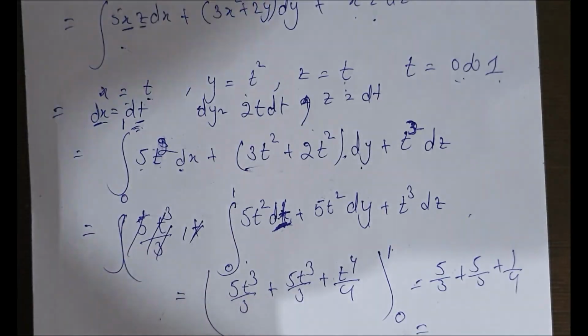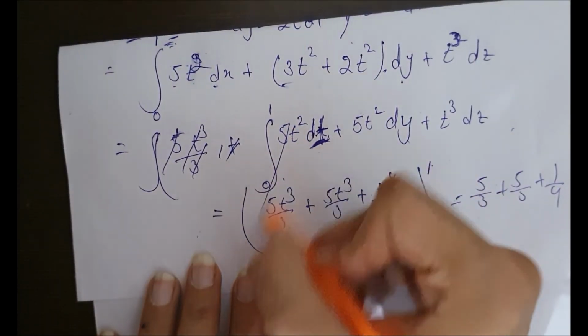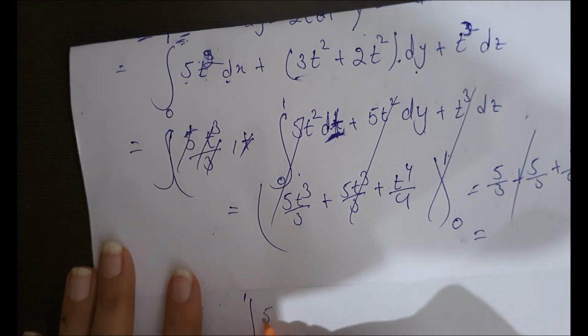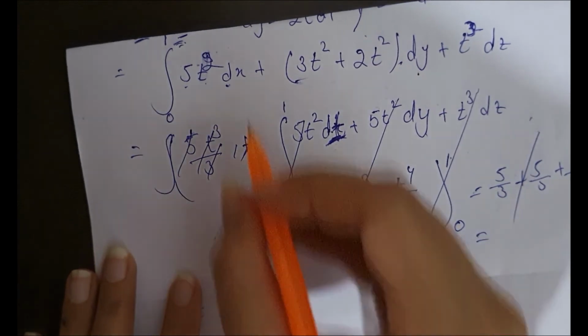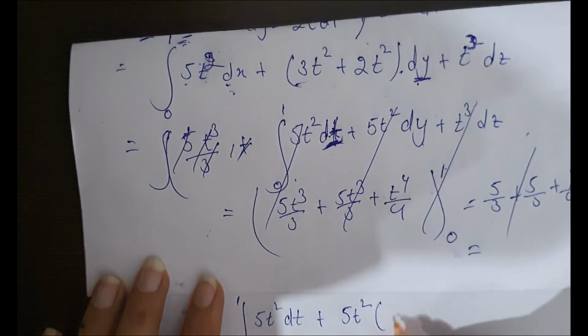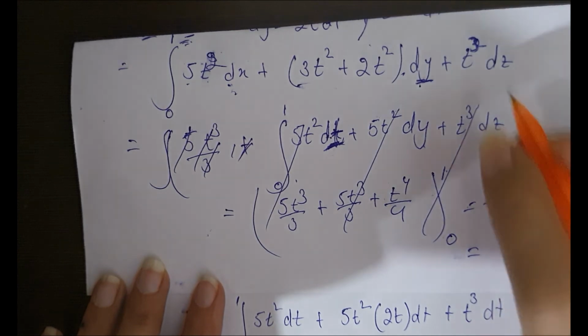So I am writing again. Now forget this part. This will be 0 to 1, 5t square dt in place of dx, 5t square in place of dy, 2t dt, t cube in place of z dt. Now solve it.